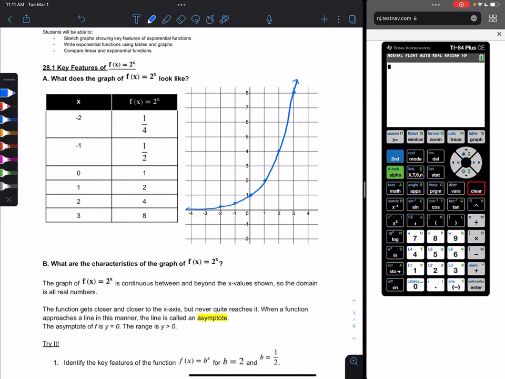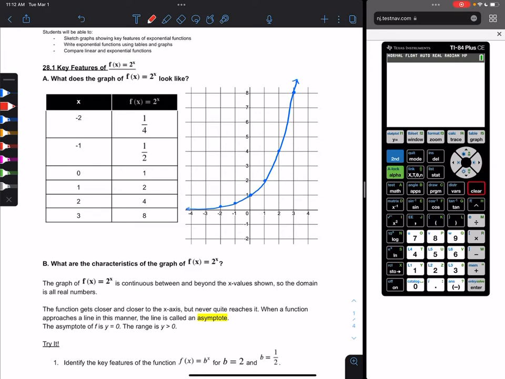Looking point by point, moving from left to right, from here to here we have a slope of 1, but from here to here we have a slope of 2, and here to here a slope of 4. So as we go further right, our slope seems to be increasing at a faster and faster rate.